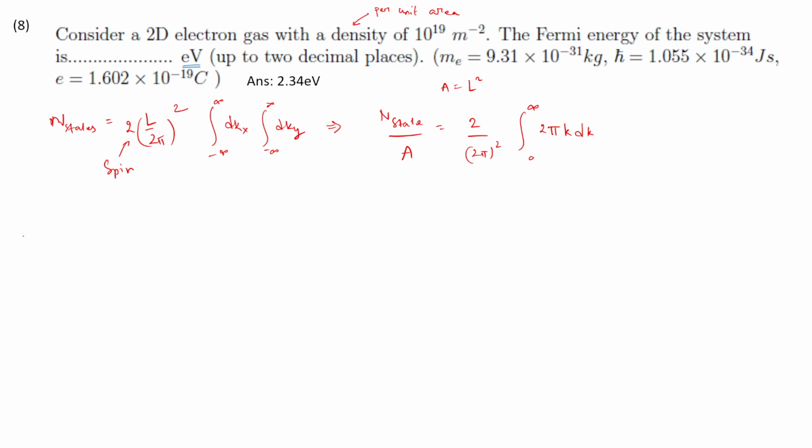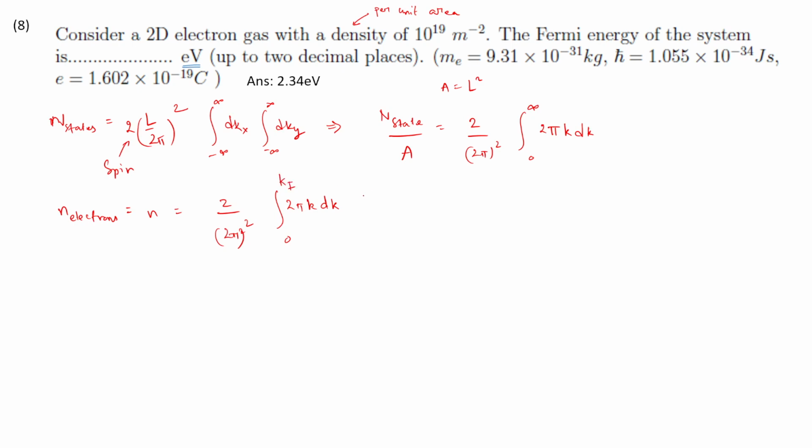The number of electrons per unit area, or the number density of electrons n, will be 2 over (2 pi) square, 2 pi k dk, now from 0 to kf.